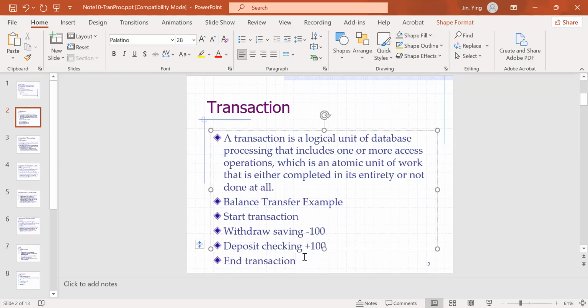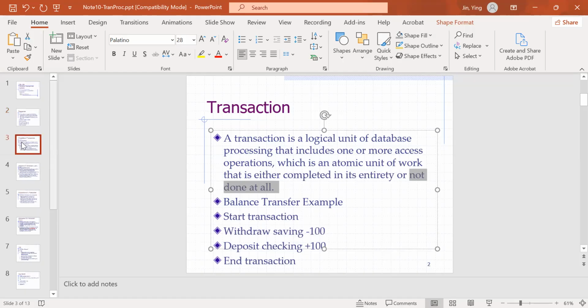That's why we wrap this whole thing into a transaction. It's a logical unit, either completed entirely or not done at all.